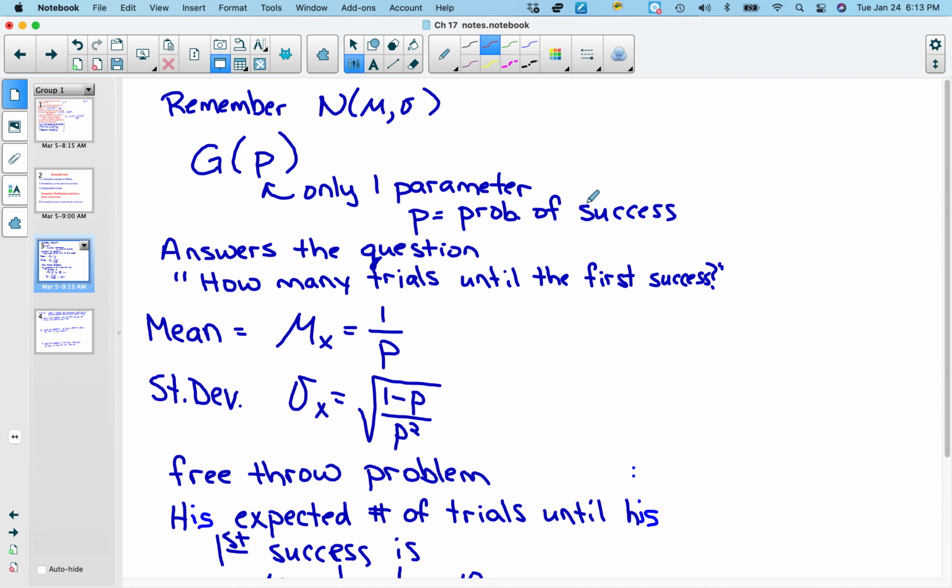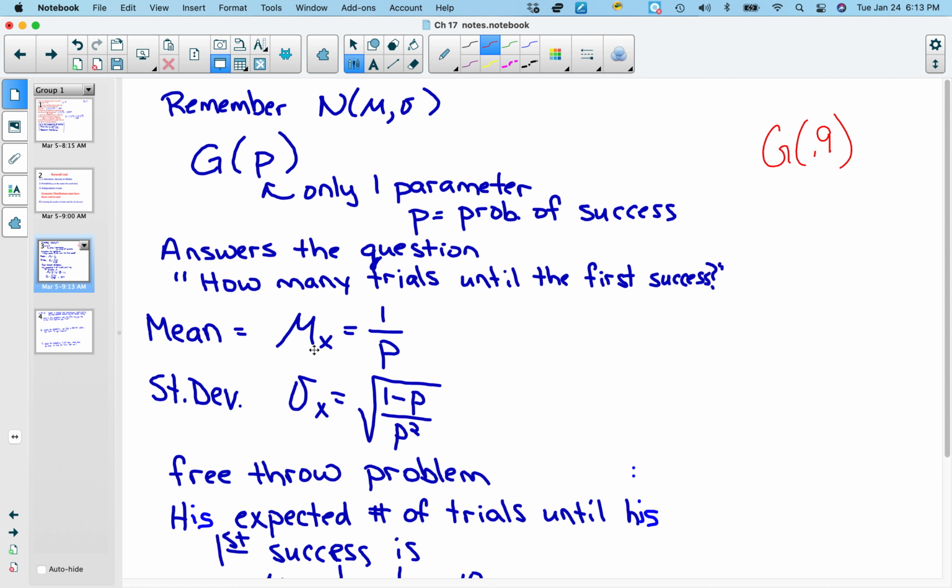So when you recognize that it's a geometric distribution, you're going to want to put G, and then, like the problem I just did, I would identify G with 0.9 being the parameter, because that was what it was. The geometric model answers the question, how many trials until the first success?